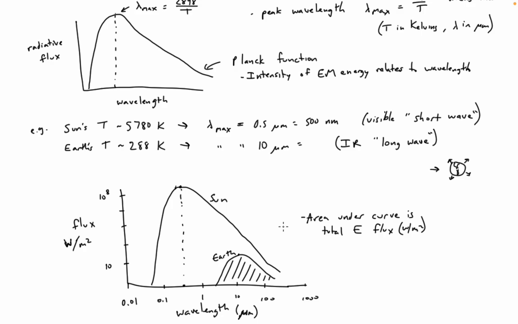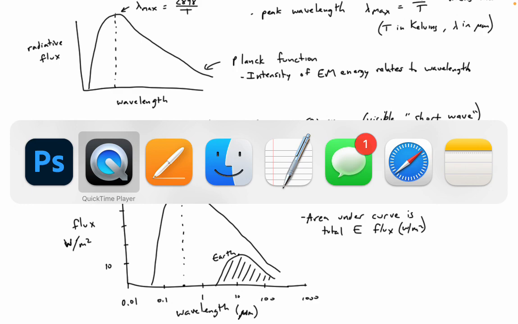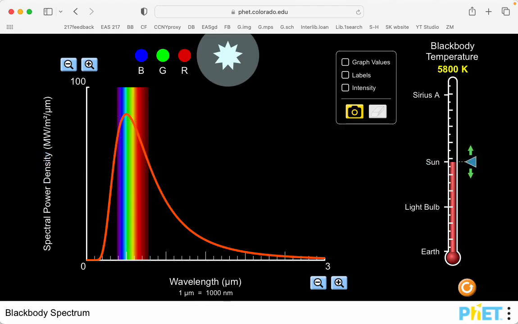Let's go to a website where we can kind of play around with this relationship. So, okay, here we are, the same plot, and they've colored the visible spectrum here, and we can select different things.